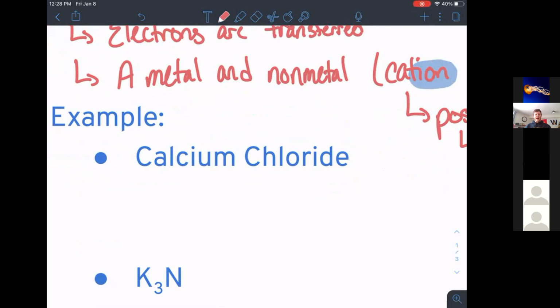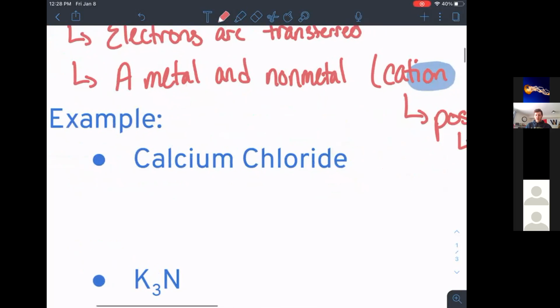If you look at your periodic table, you're not going to find the element chloride. What you are going to find is chlorine, and that's because we had to change the ending to IDE. Do you guys remember doing that last semester? Yep. The second element always gets its ending changed to IDE.